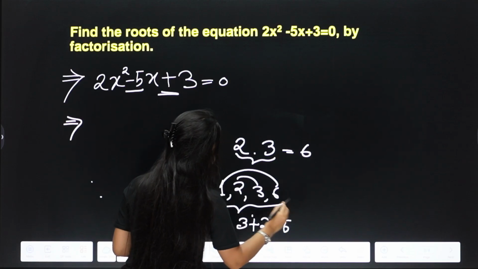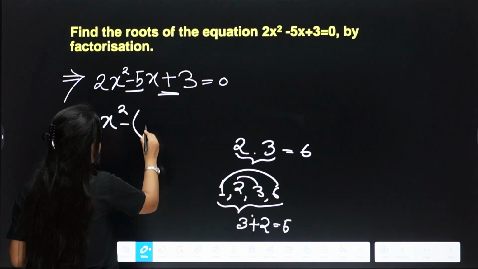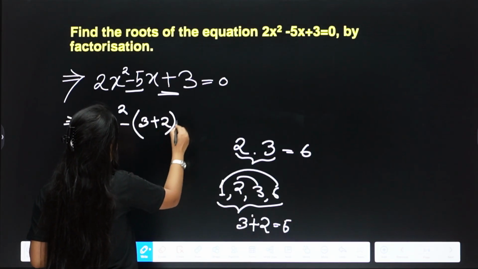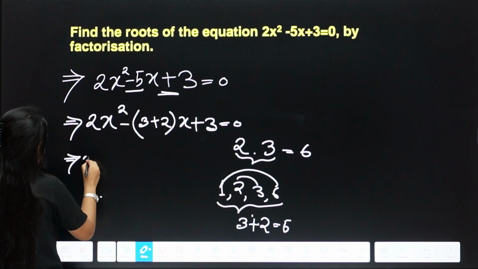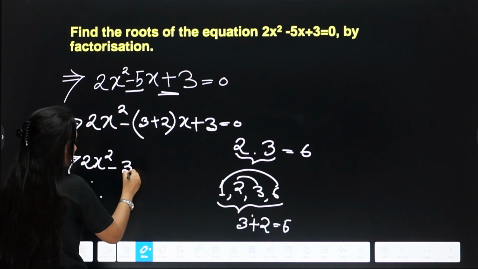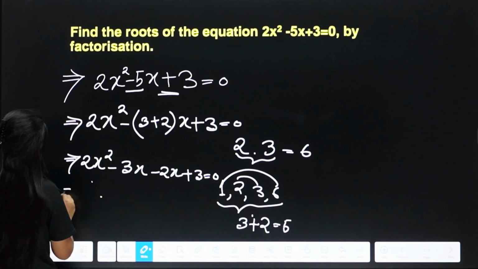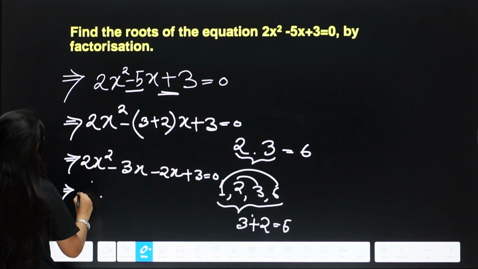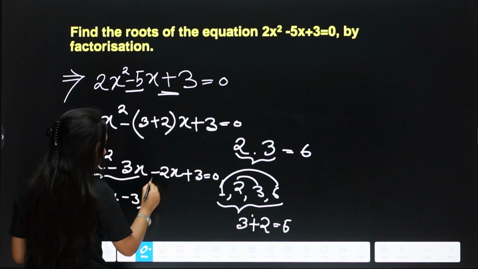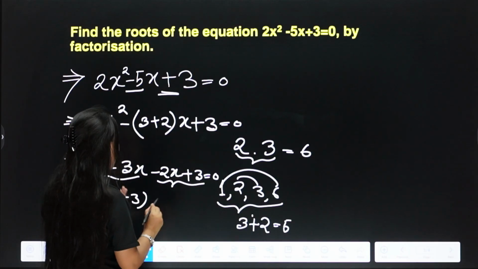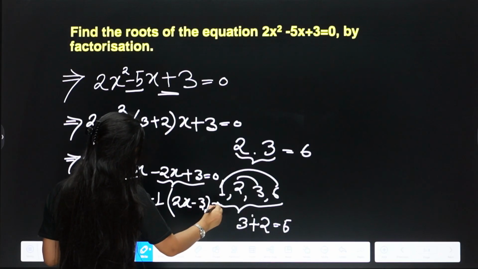3 plus 2 is equal to 5, so you just write it as 2x square minus 3x minus 2x plus 3 is equal to 0. You take common x from this portion, that is 2x minus 3, and again you take common minus 1, that is minus 1 into 2x minus 3, is equal to 0.